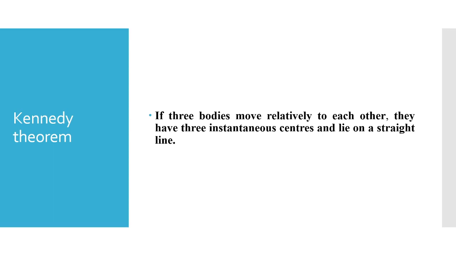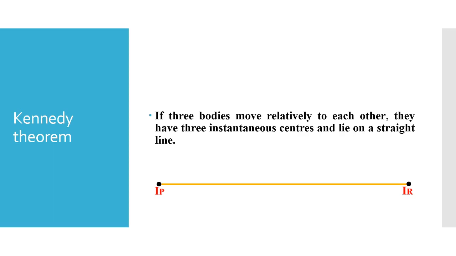That is the theorem. Consider P, Q and R, three bodies moving relative to each other. If the instantaneous center of P is at this point and that of R is this, then I can join them with a straight line.